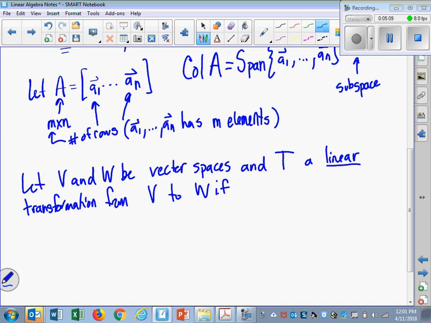Remember, linear transformations between two vector spaces had to have what we called additivity. So that's the first part, additivity. And then the second part is homogeneity.